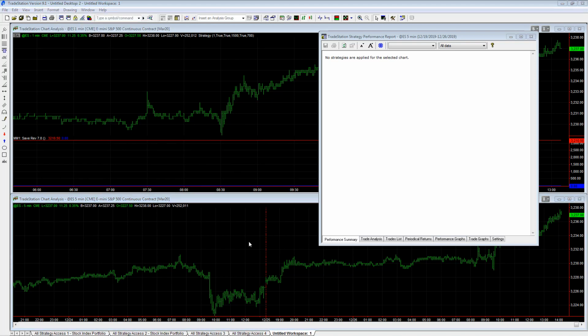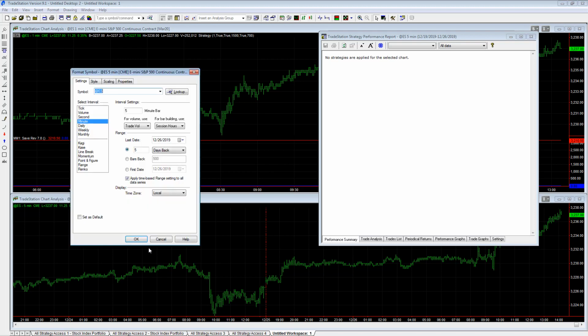And you need to make sure, one of the common mistakes people make, once again, you see local, by default it goes to local. It needs to be on exchange, or it needs to be on the same. These two need to be on the same. If one is on local and one is on the exchange, your results are going to get very distorted. You're going to be shifted by the difference between the exchange time and your local time.